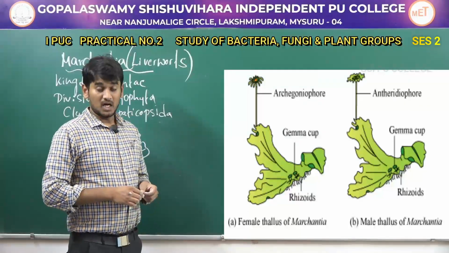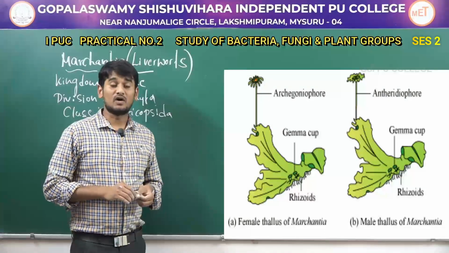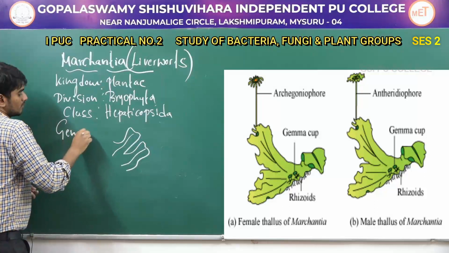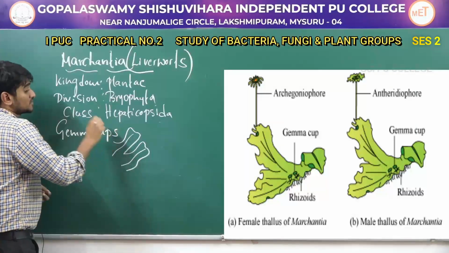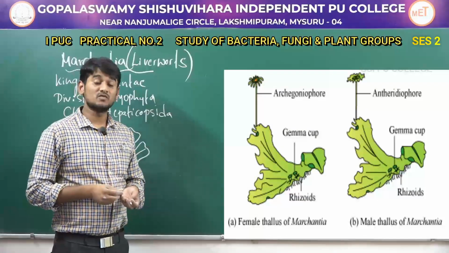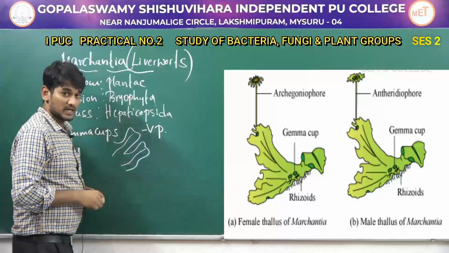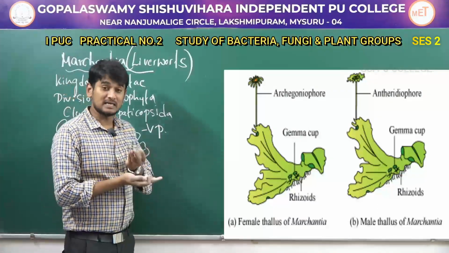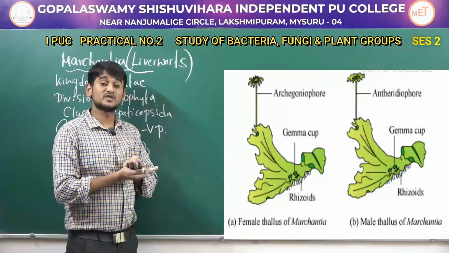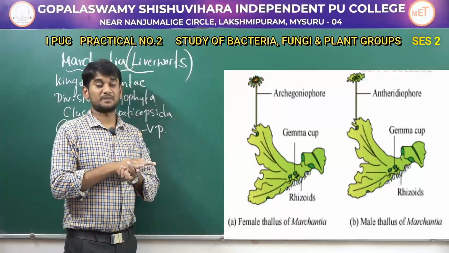On the dorsal side, the upper side, there are gemma cups, which help in vegetative propagation. And on the ventral side, the lower side, there are rhizoids, which help to fix the substratum, which means supporting object.